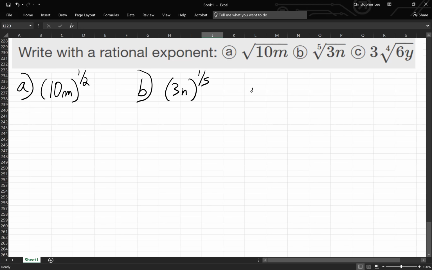What about C? A little bit harder. Go ahead. So the 1/4, right? That's it. Good. All right. So any questions on this, anybody? Good. All right.